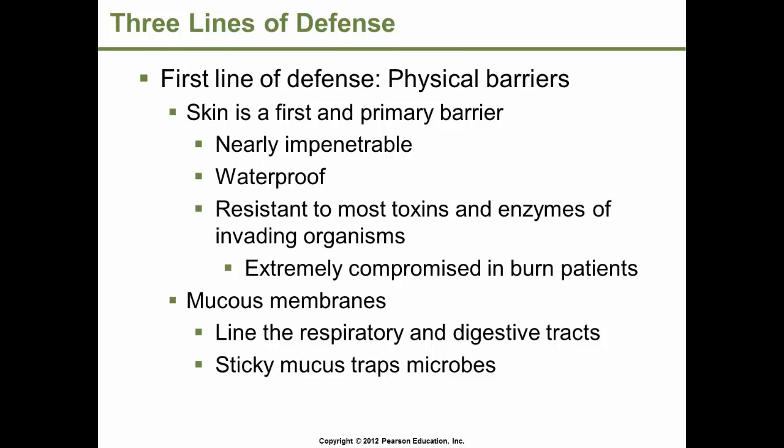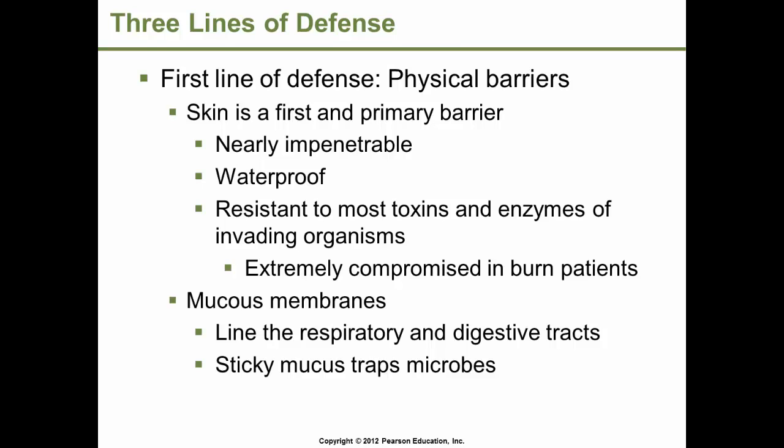The first line of defense of physical barriers is that the skin is the first and primary barrier. It's innate. The skin is waterproof, very hard to penetrate. It's resistant to most toxins and enzymes of invading organisms.